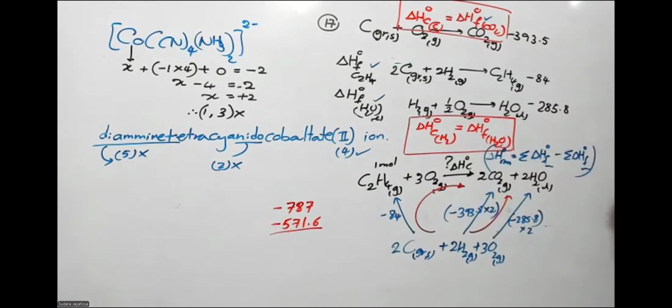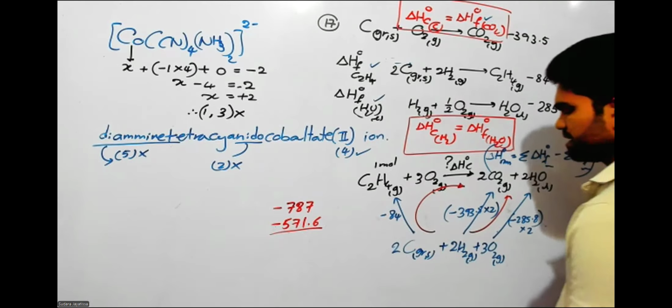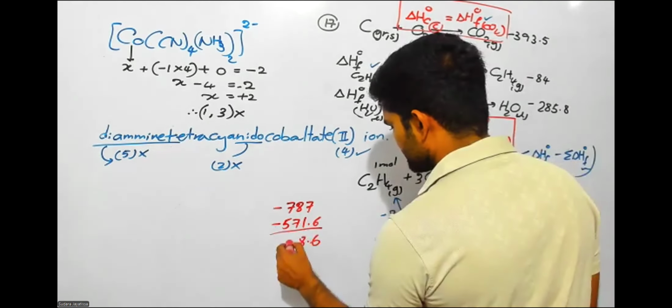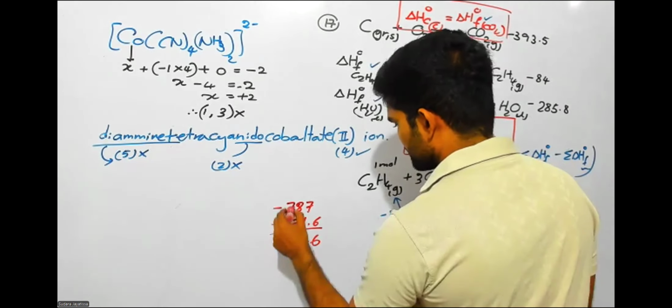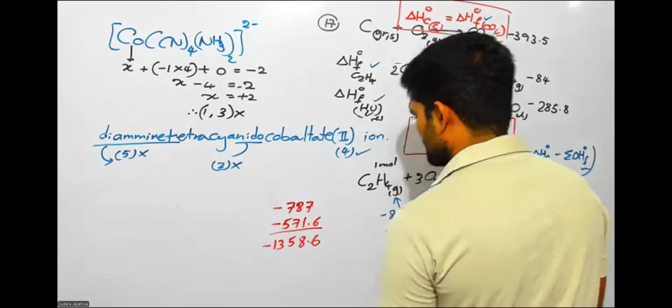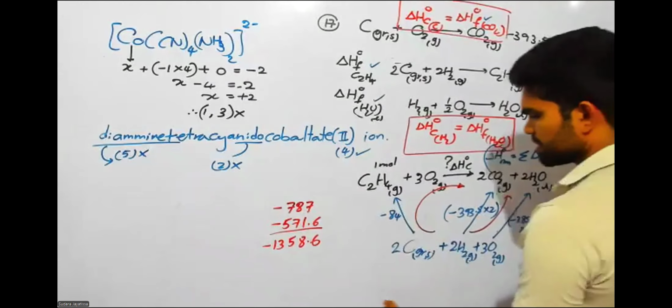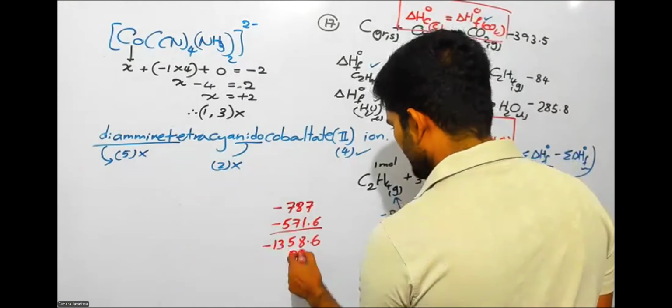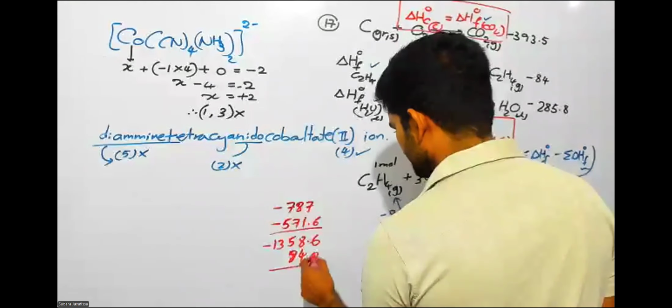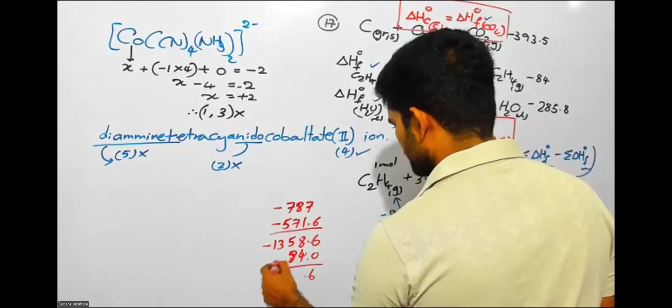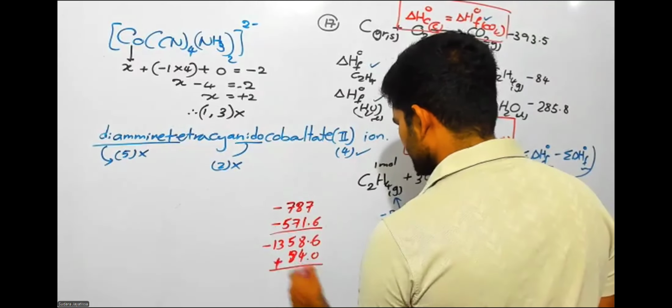The twice of this, 571.6. Yeah. And then at this added, okay, and then this will become a positive answer. So subtract 84. Subtract 84. This is a positive answer.